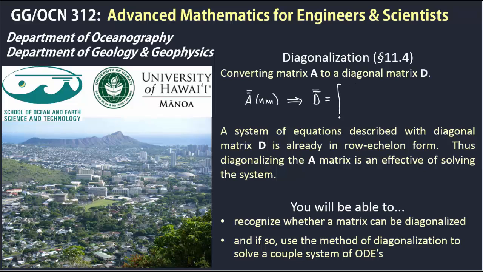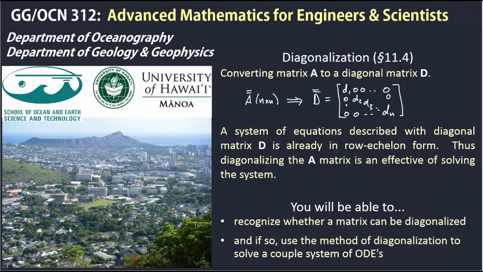And remember, a diagonal matrix has zeros on all the elements except for on the diagonals. So just to remind you about the structure of a diagonal matrix.